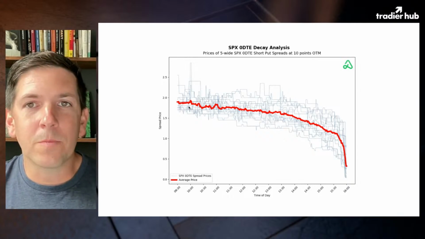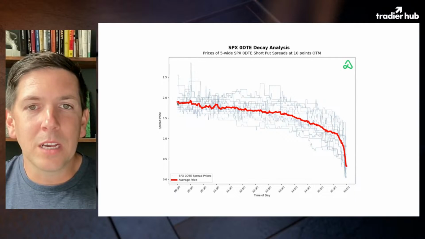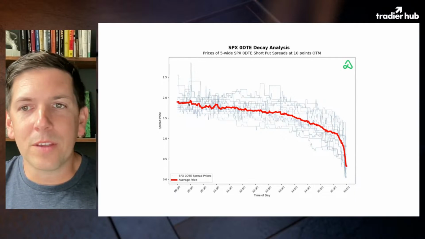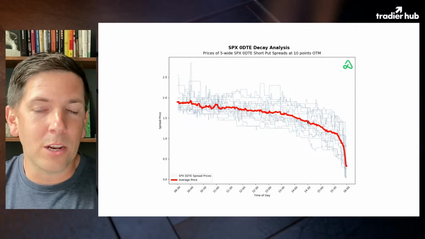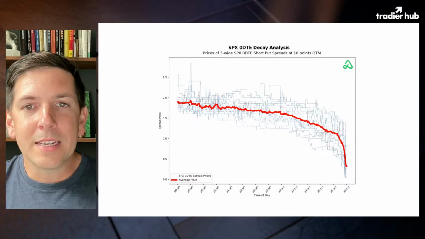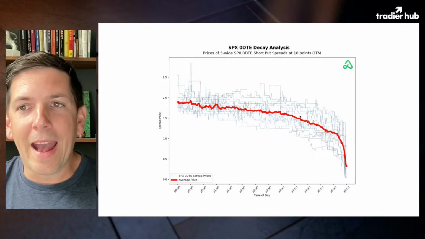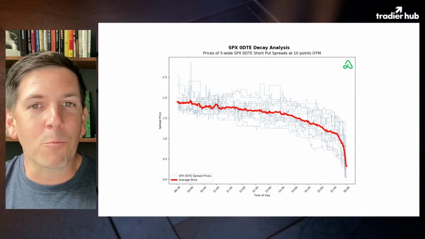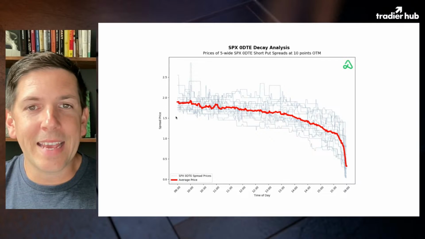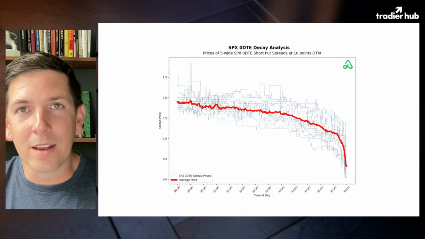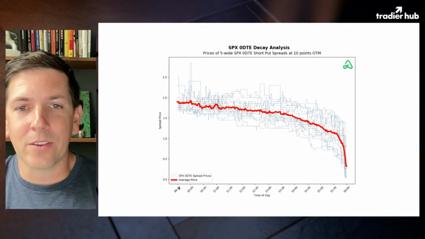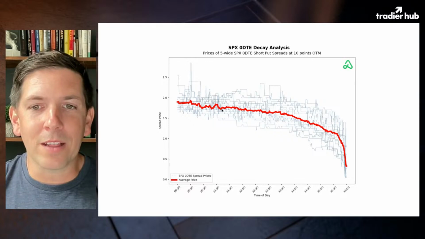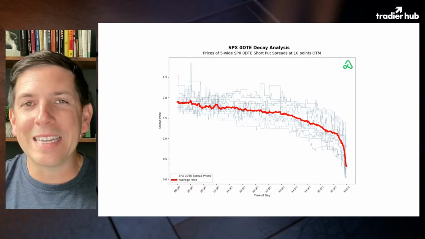In this research, looking at these out of the money put spreads, you can see that the decay of these contracts, the net value of the contract, definitely started to accelerate as you got towards the end of the day. There wasn't much decay, if any, in the first couple of morning hours. From 9:30 to about 11:30, even 12 o'clock, you really didn't get much decay.